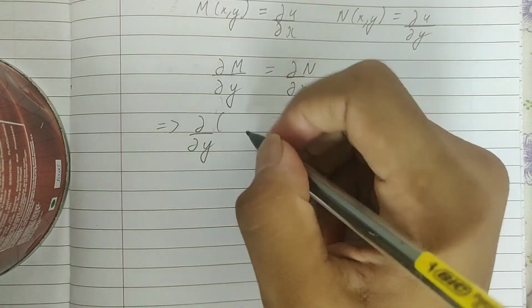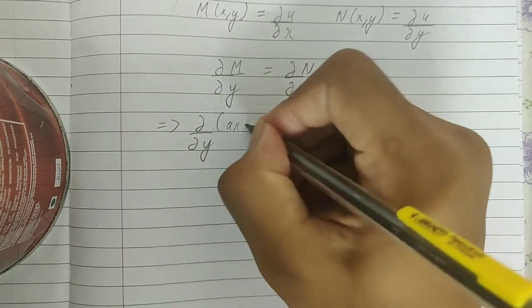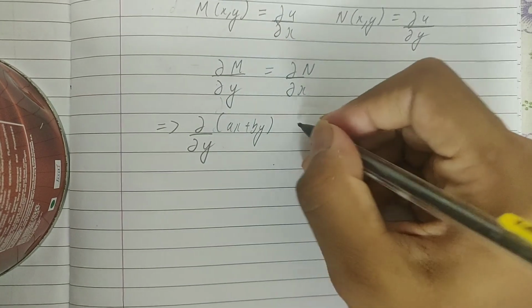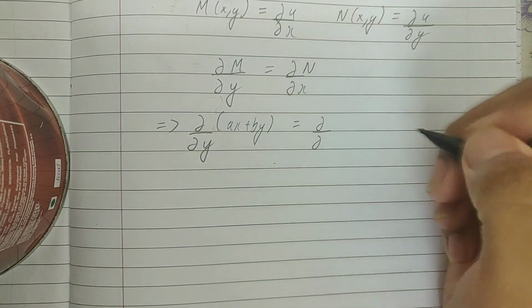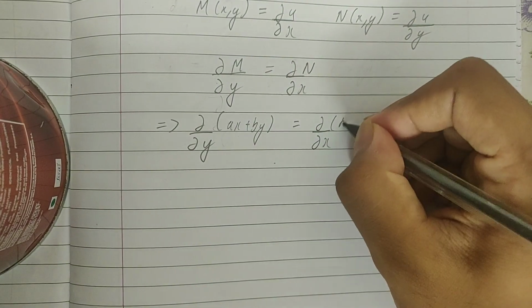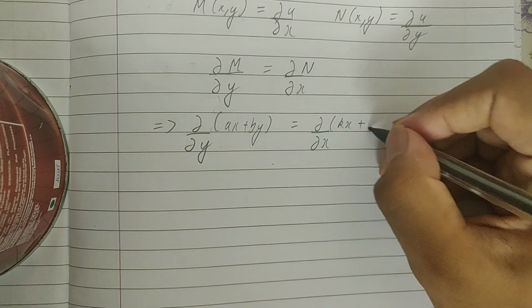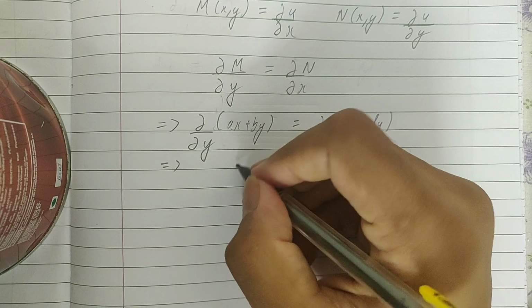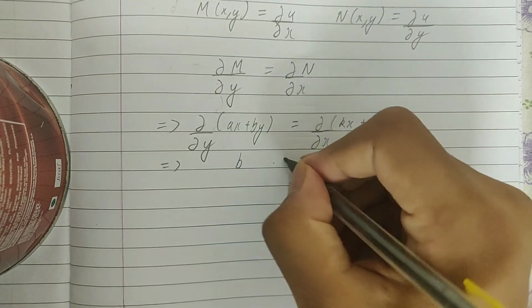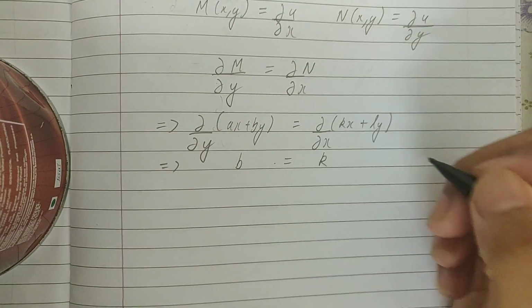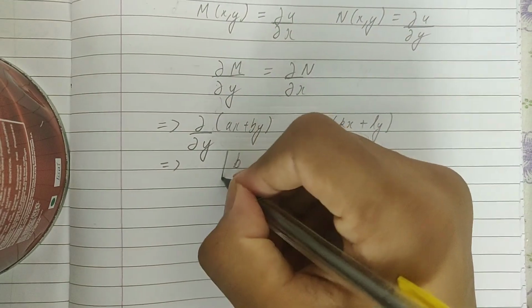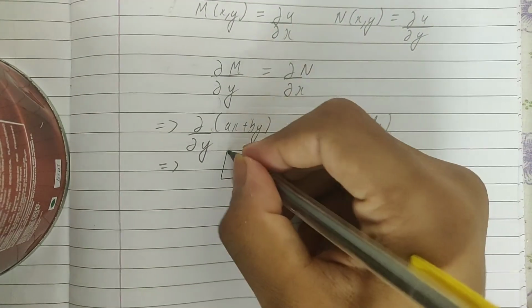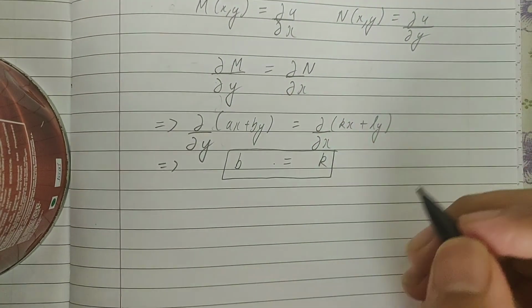So M(x, y) was ax + by, whereas N(x, y) was kx + ly. On the left hand side we will just get b, while on the right hand side we will just get k. Hence for exactness b should be equal to k.